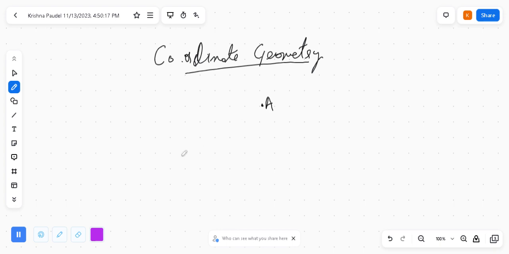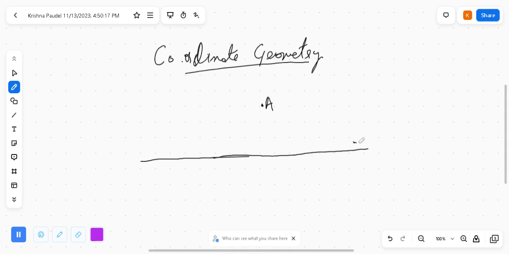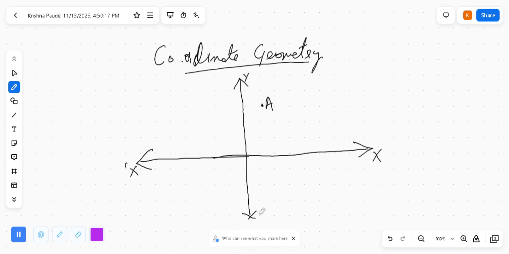What we have to do first is draw an imaginary x-axis, this is our x-axis, x dash, and an imaginary y-axis, this will be y dash.